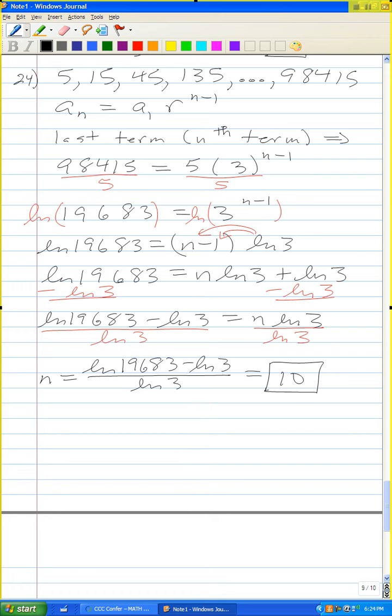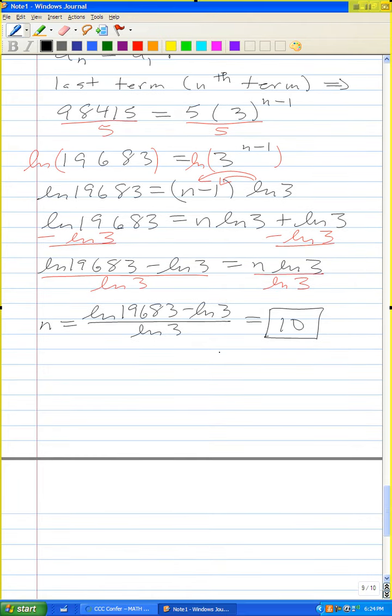Let me do problem number 26. 1, 2, 4, 8, etc. In exercises 25 through 28, draw the graph of the given sequence.